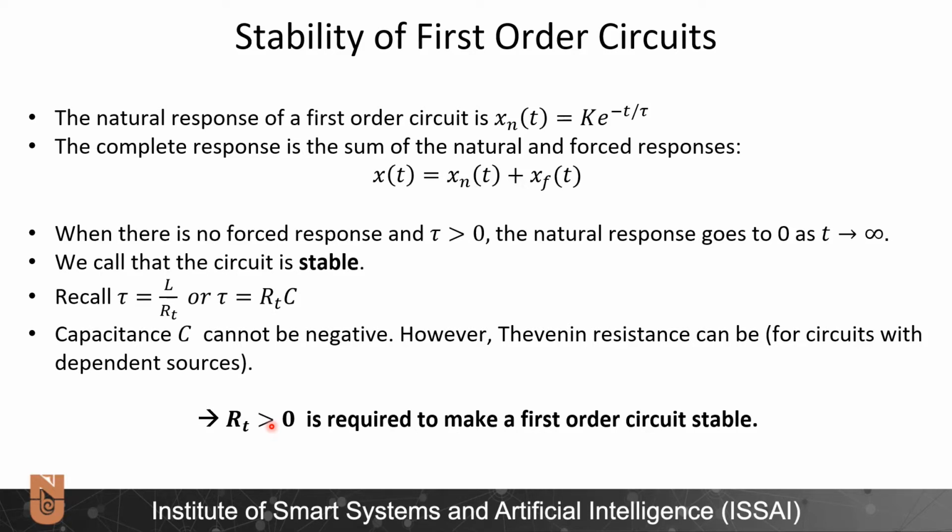If a circuit contains dependent sources, then the value of RT might be negative. Therefore, we need RT, the Thevenin equivalent resistance of the circuit, to be positive such that the first order circuit is stable. So basically, if you see a circuit with a dependent source, you need to test for the stability.